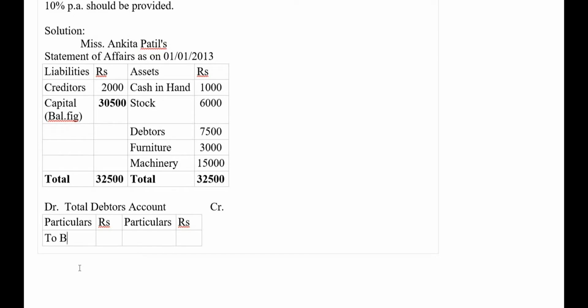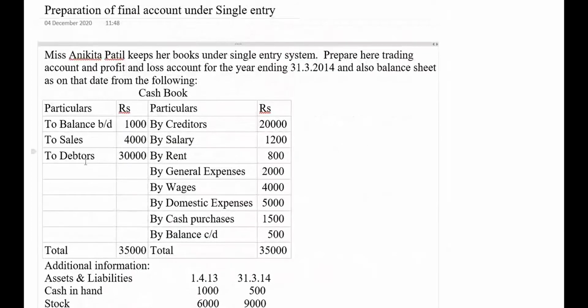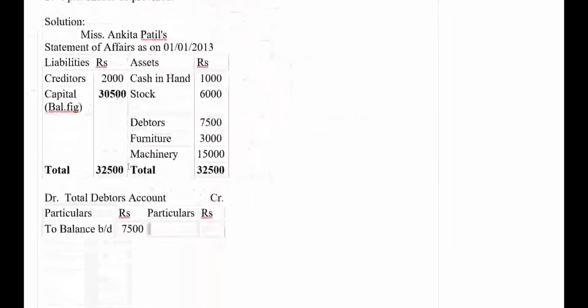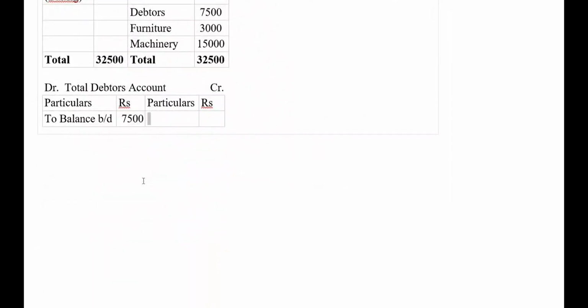So to balance brought down, that is rupees 7,500. Then when you look into the receipts and payment account, the amount received from debtors is 30,000. So when the cash is received, to cash account debit to total debtors account.